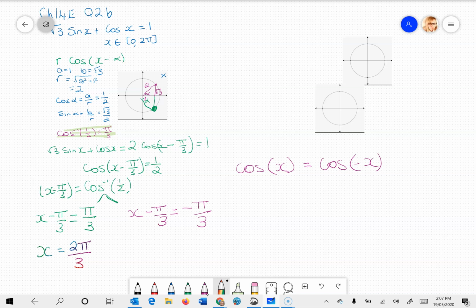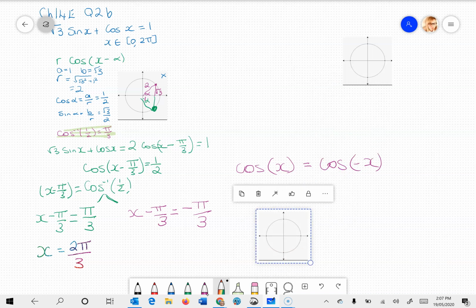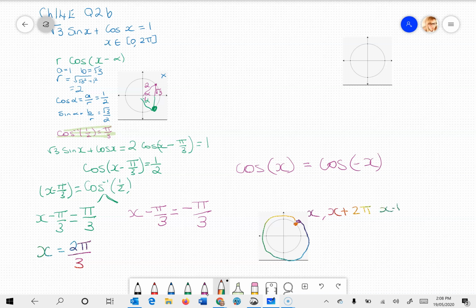And because of the fact that if it's true here, it's also true at x plus 2 pi and x plus 4 pi and x subtract 2 pi, x subtract 4 pi, we need to check some of the other ones to make sure whether or not they're solutions.